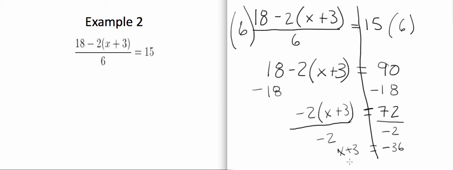Then we're going to subtract 3 from each side, so we get x is equal to negative 39, because when you start with negative 36 and you go back farther 3, that gives us negative 39. So that's what we end up with as our final answer. We started off with negative 39.